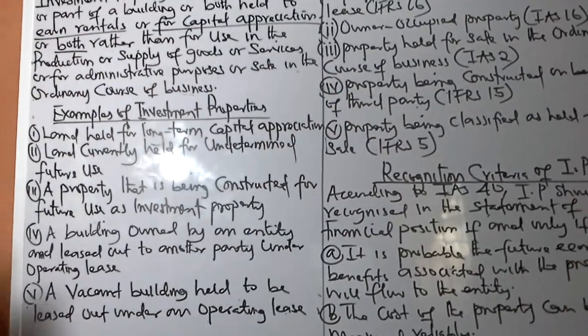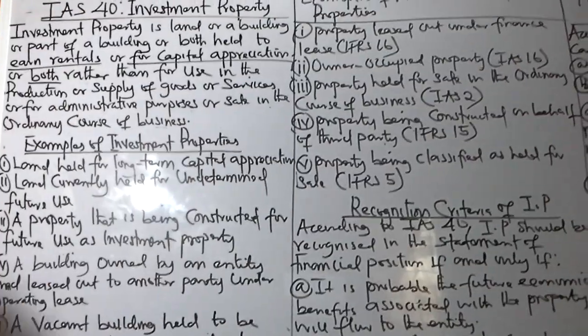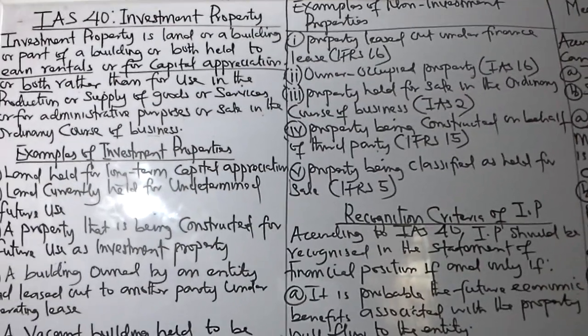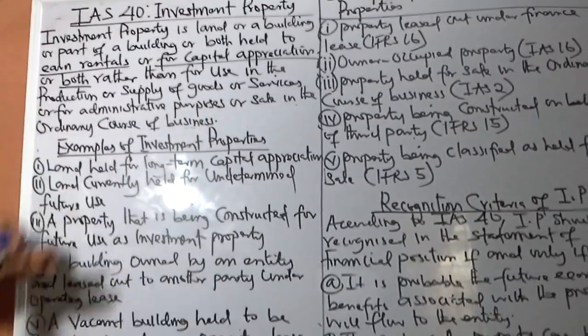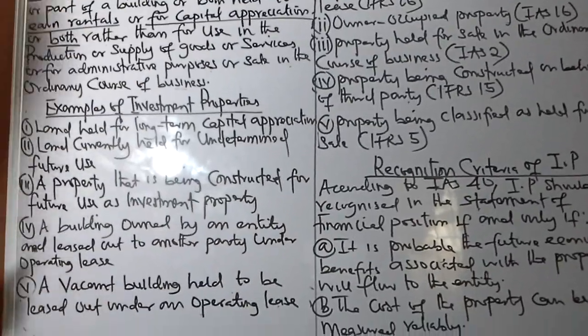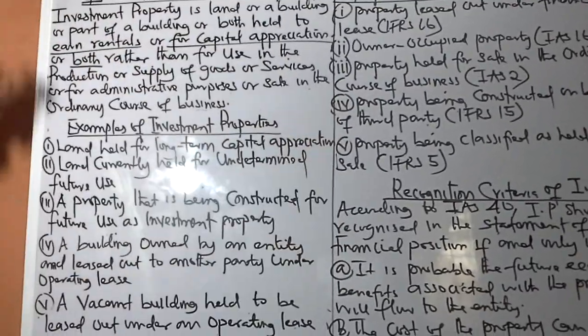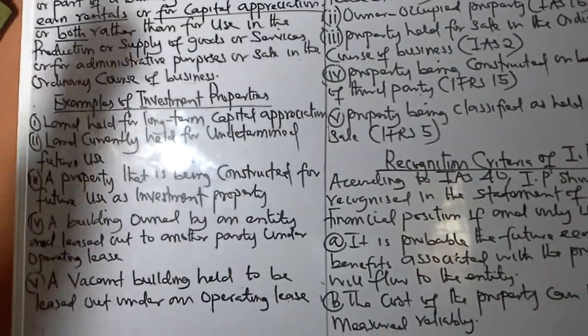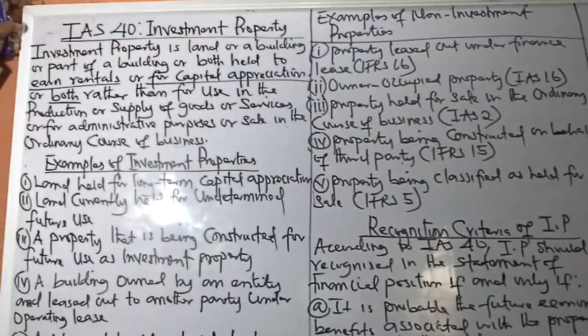Probably you have a piece of land somewhere, you bought it years ago. Your uncle dashed you money, or you got some money, or your pension, you bought the land, and it is kept to grow, to appreciate with that intention. Then it is an investment property.